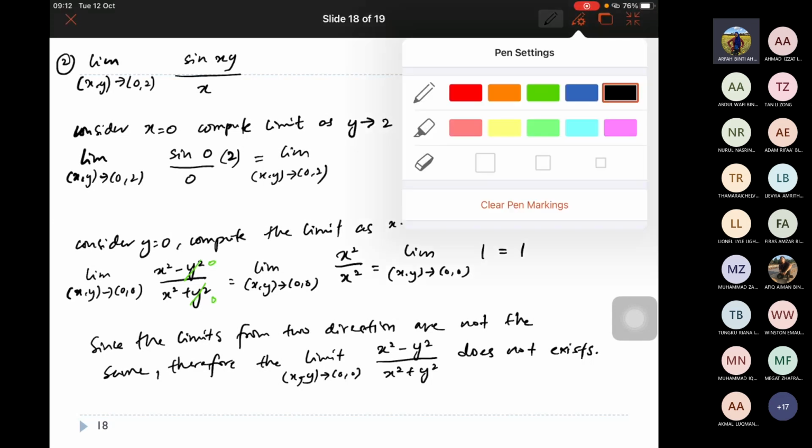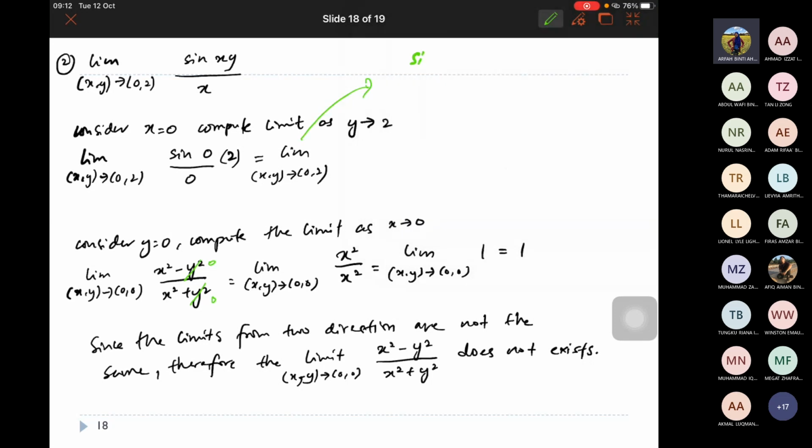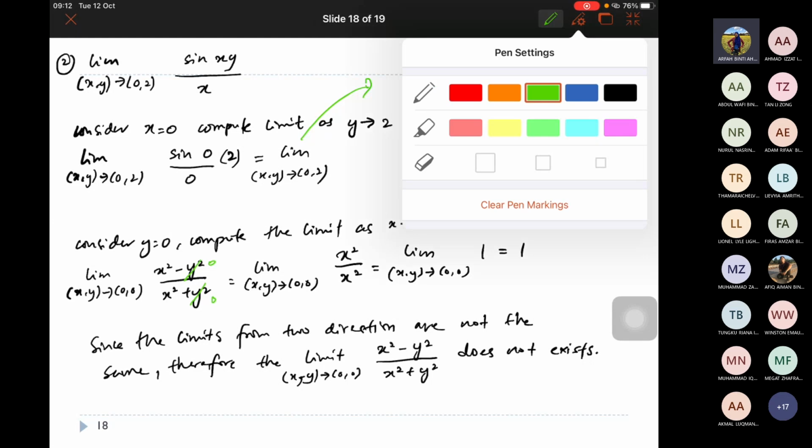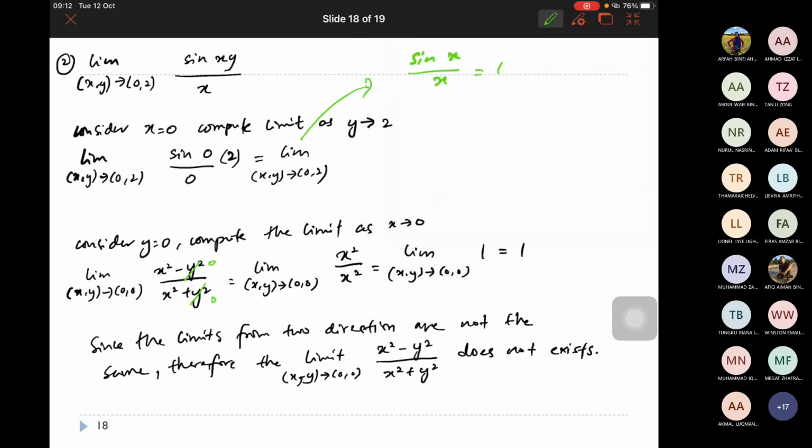We have the condition that sin x over x equals 1 when x equals 0. So from here, you will get sin 0 over 0 multiplied by 2. So you will have the answer equal to 2 times 1, which equals 2.